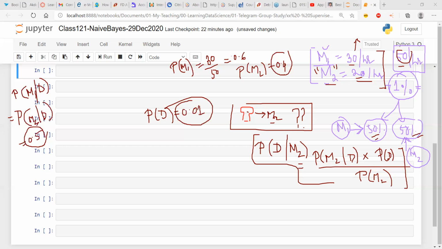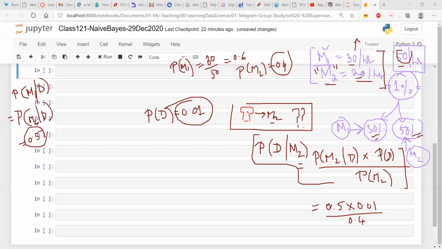I can simply replace P of M2 given D as 0.5. So this equation becomes 0.5 in the numerator, multiplied by probability of D. Probability of D is 0.01, divided by the probability of M2, which is equal to 0.4.